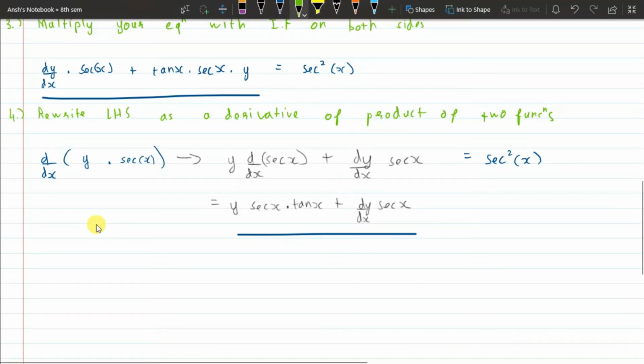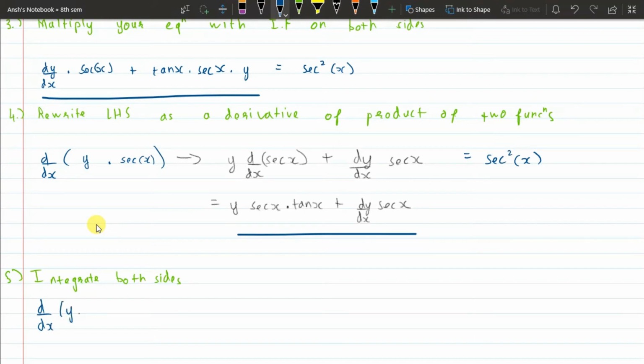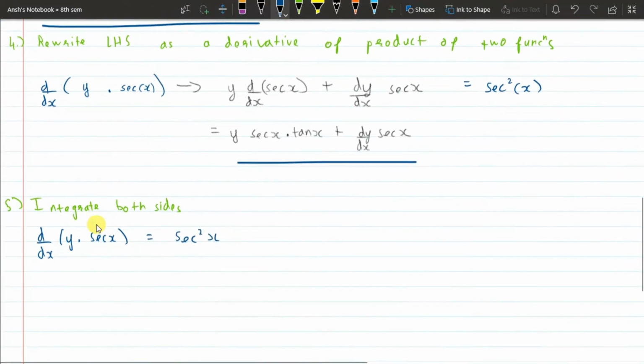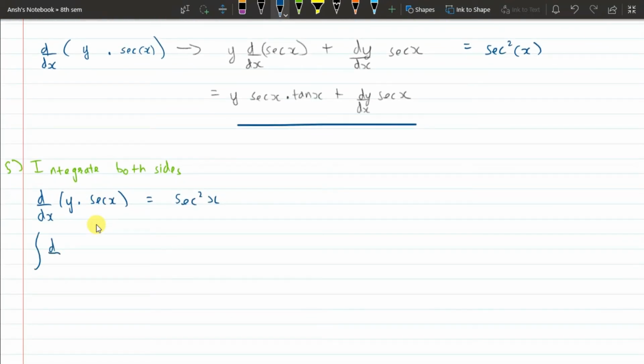And now in the fifth step you integrate both sides. I'll just rewrite the equation. You have d over dx of y into sec x is equal to sec square x. So you integrate both sides of the equation.